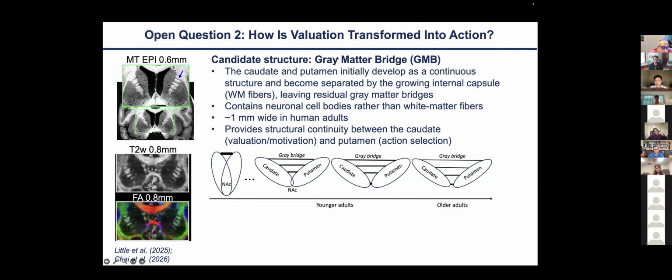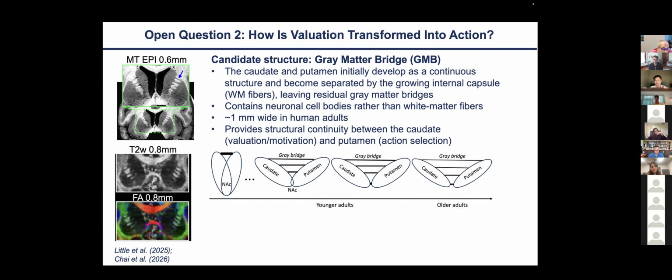The name is the gray matter bridge. For those who may not be familiar with it, here we are referring to the caudate and the putamen in the striatum. Here is the striatum, this is the caudate, this is the putamen. During development, when the baby is just born, the caudate and putamen are initially developed as a continuous structure.